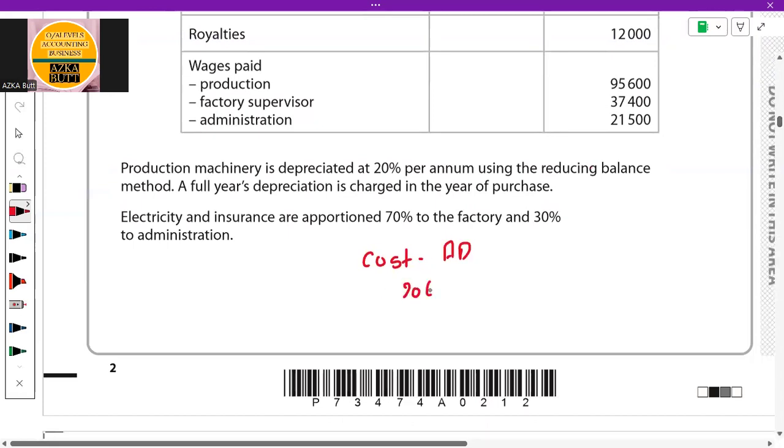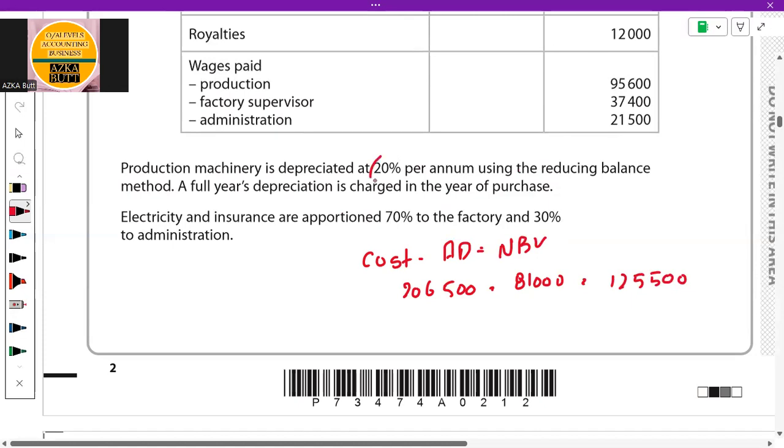So 206,500 minus 81,000. This will show us the net book value, which is 125,500.